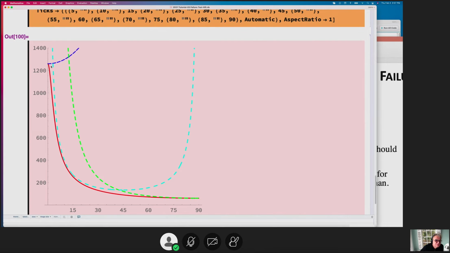Whereas Tsai-Hill tells me it's already down here. And this agrees with the experiments much better than these points here. So experiments actually agree with this Tsai-Hill red line much better than these.